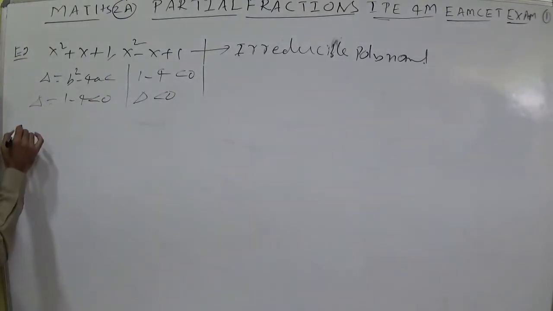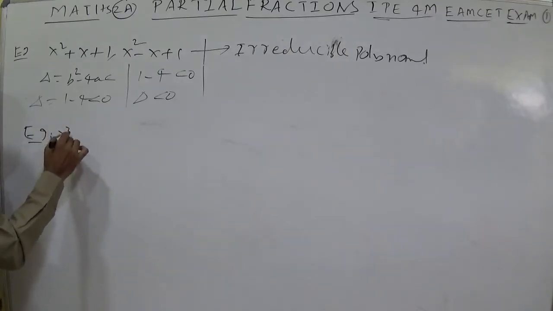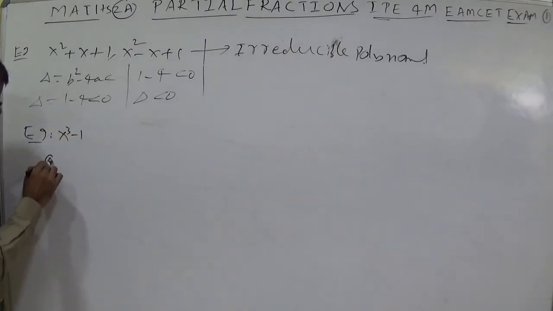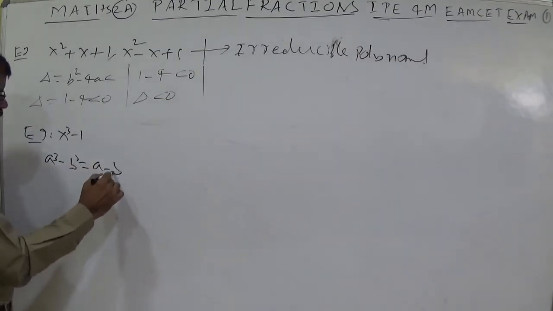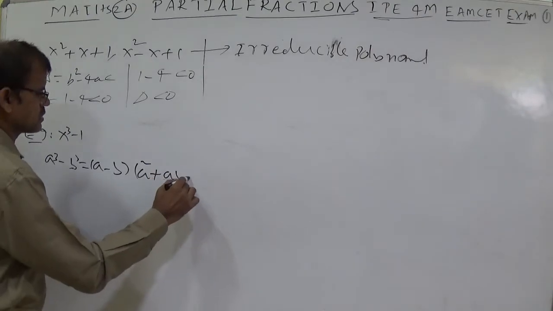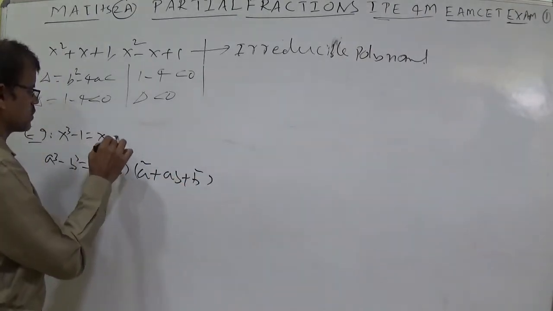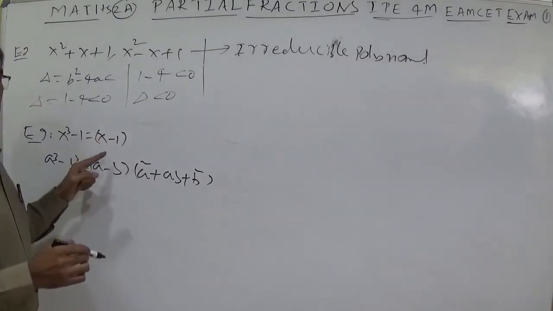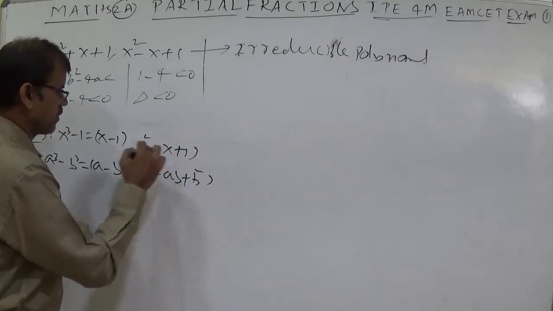Let us try to understand another example. I am saying x cube minus 1. Using the formula a cube minus b cube is equal to a minus b into a square plus ab plus b square, x cube minus 1 you can write as x minus 1 into x square plus x plus 1.